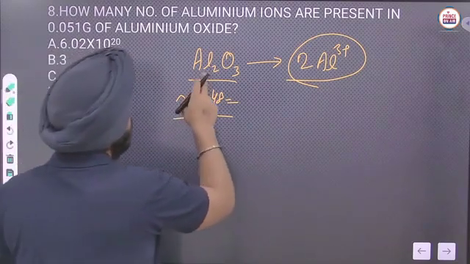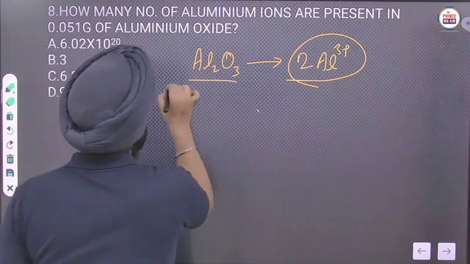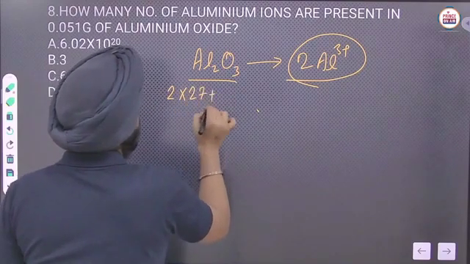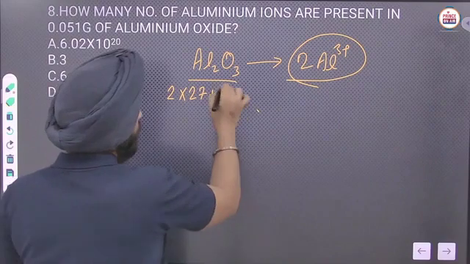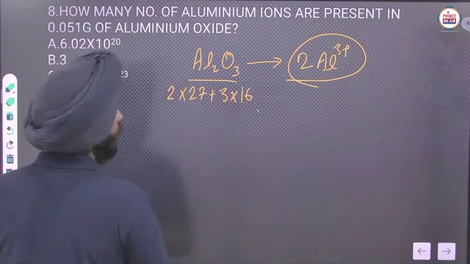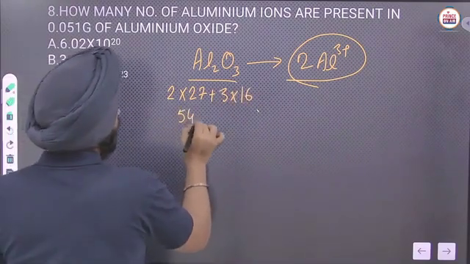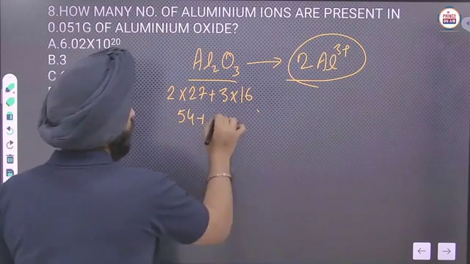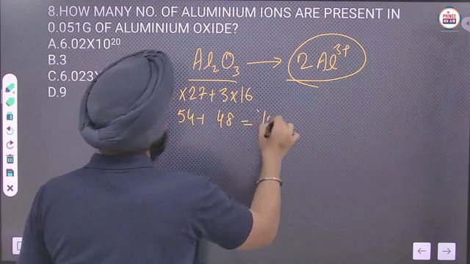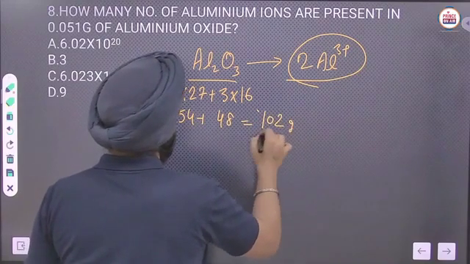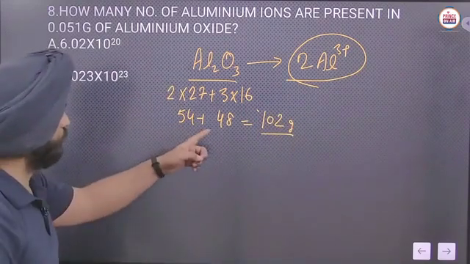Let me check it once. 2 into 27, aluminium has atomic mass 27, plus 3 into 16, so it will be 54 plus 48, which comes out to be 102, yes or no? Yeah.